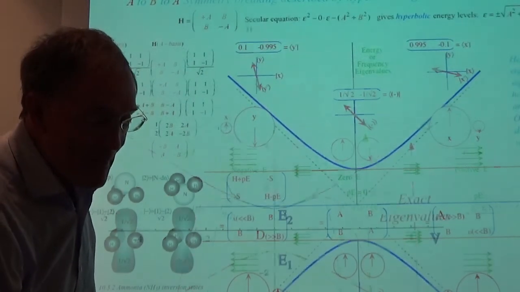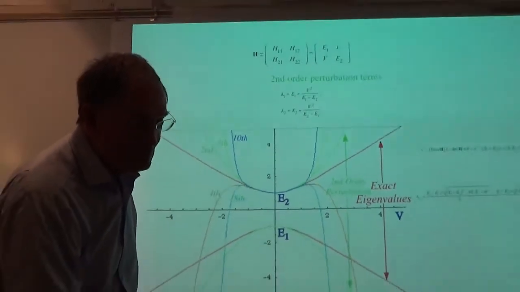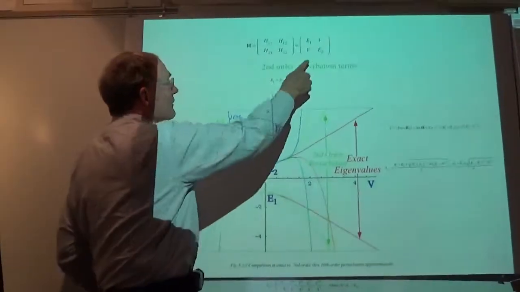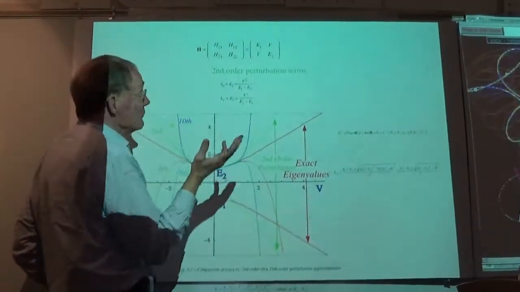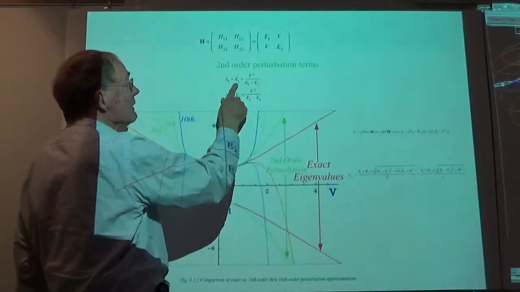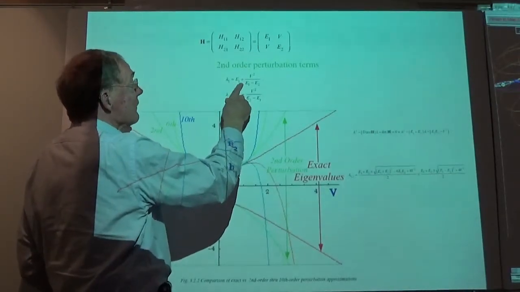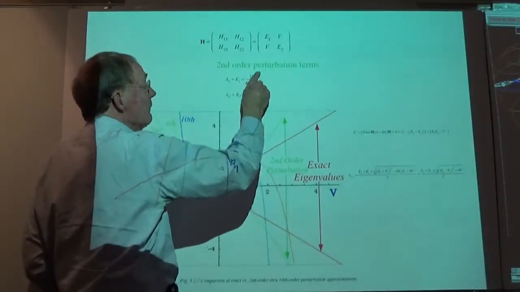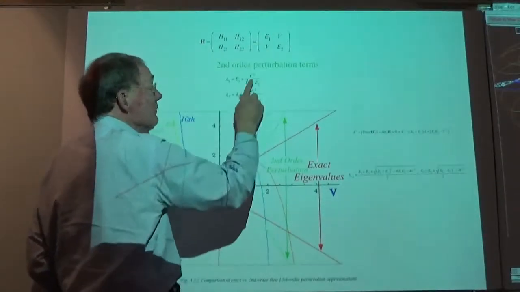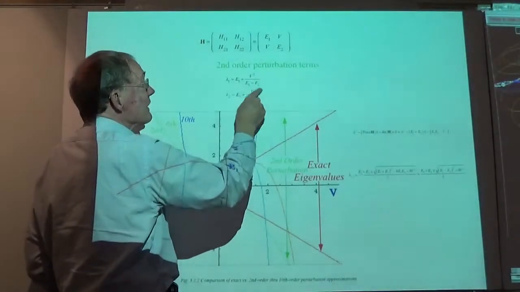Now I mentioned the perturbation because if that's the sort of thing you have, the way you do perturbation theory right off the bat is simply say your new eigenvalue is going to be E1 plus the square of the off-diagonal element, and I mean absolute square because this might be complex and then they'd be conjugates, divided by the difference in energy.